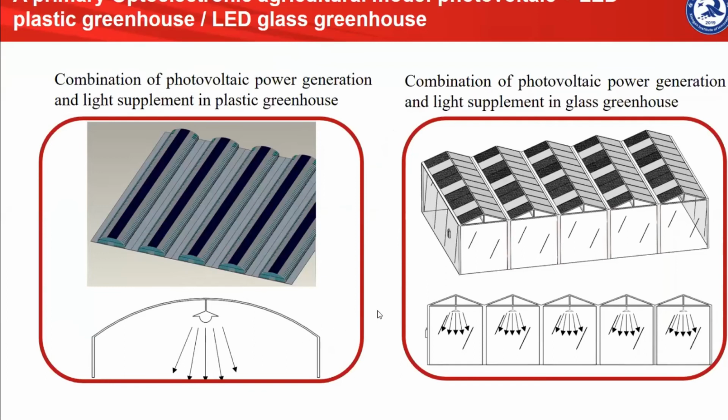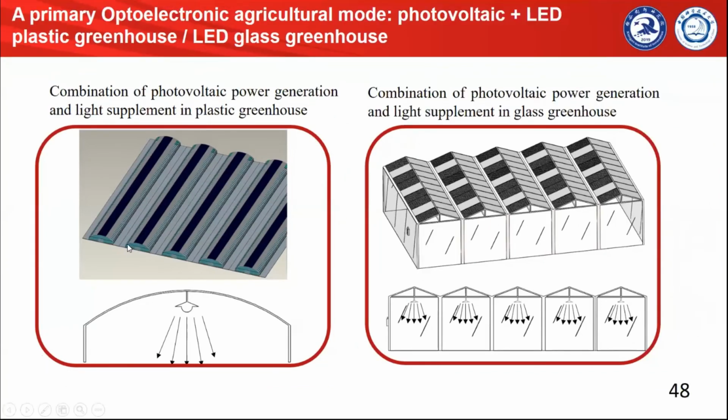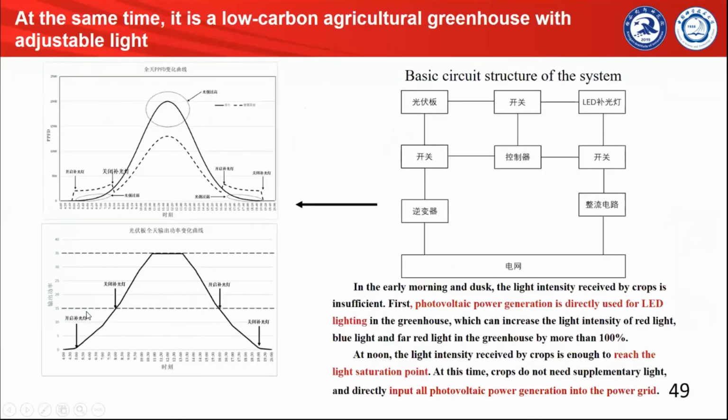Briefly, we use part of the PV power for LED light. In the morning and in the evening, the sunlight is not so strong, so we don't generate power for the grid.